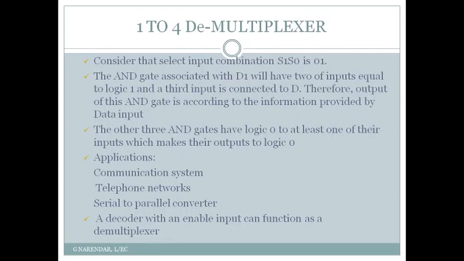A 1 to 4 demultiplexer can also be used in serial to parallel converter applications.